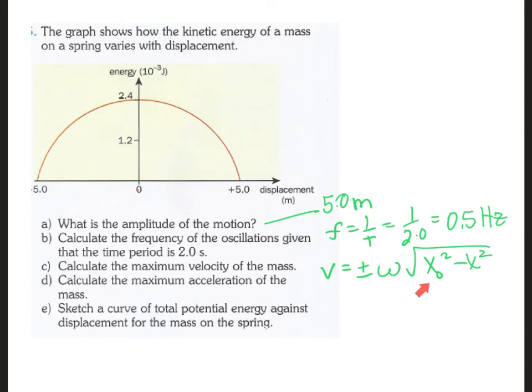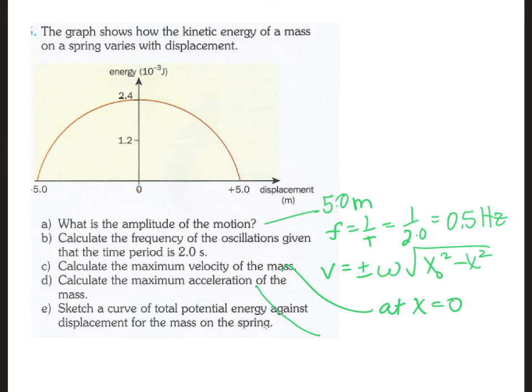So I guess the only thing we have to think about is, where is the maximum velocity? Well, the maximum velocity is going to be at the center, where x equals 0. If you put that in, you can then calculate your velocity. Next part says maximum acceleration.